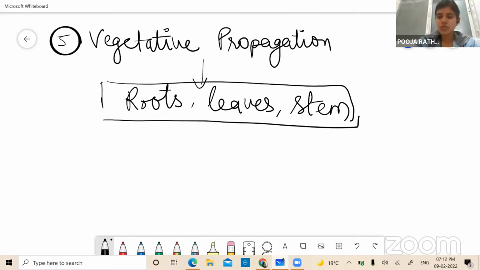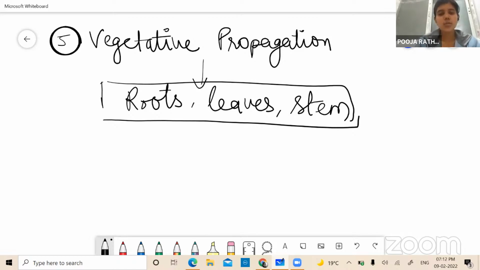Now, you can also mention examples in this. Examples of vegetative propagation are banana, orange, and rose. Also, you can write different characteristics of vegetative propagation. In vegetative propagation, the plants give flowers and fruits earlier than the plants which reproduce sexually.